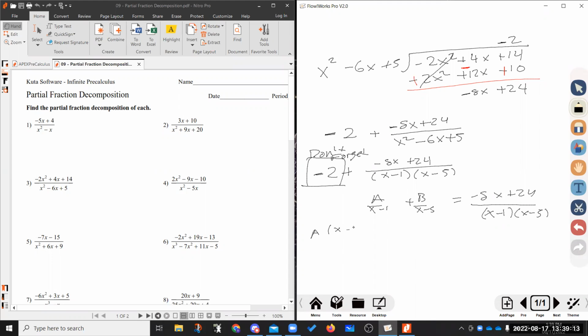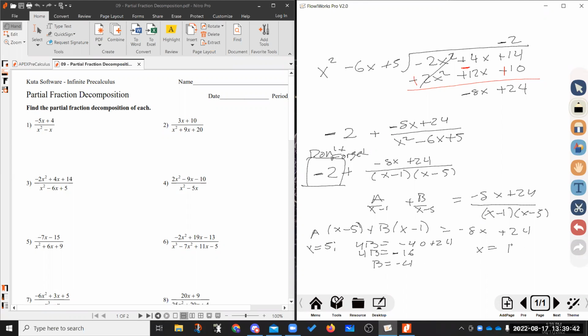This is a times x minus 5 plus b times x minus 1 is equal to -8x plus 24. So let x equal 5. When x equals 5, we have 4b is equal to -40 plus 24. 4b is equal to -16, b is equal to -4.